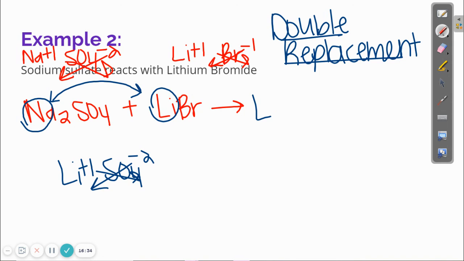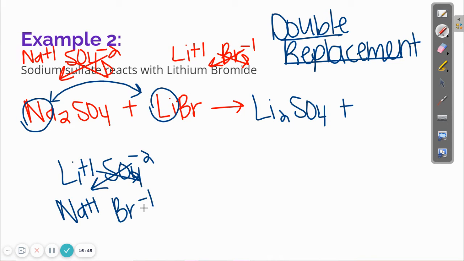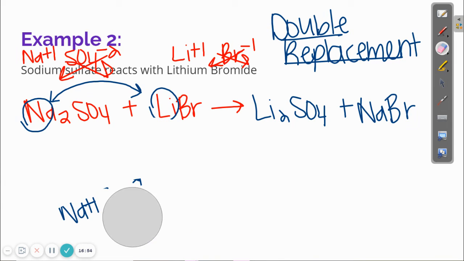So I get Li2SO4 plus I have sodium in a +1 and bromine in a -1. So NaBr. All right. So the next one.